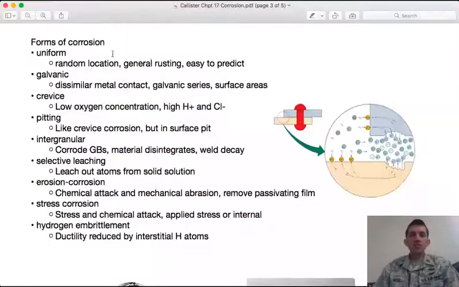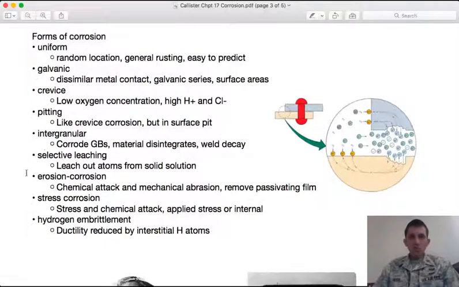This is what we were talking about a couple of pages ago with the corrosion penetration rate. If you had a chunk of steel sitting out, the thickness may decrease over the whole surface at some rate. When you think rust, you're probably thinking of uniform corrosion.